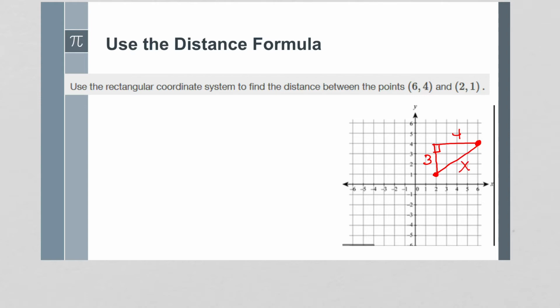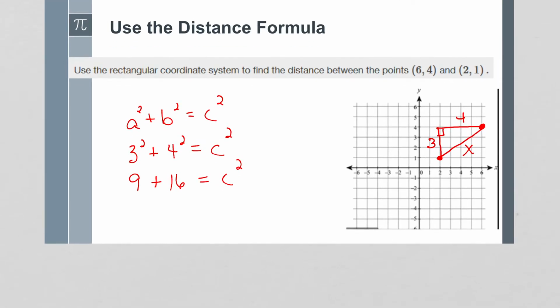We're going to use the Pythagorean theorem, which says that a squared plus b squared equals c squared, and a and b are the legs that make up the right angle, and c is your hypotenuse. So we want 3 squared plus 4 squared equals c squared. 3 squared is 9, 4 squared is 16, and we're still searching for c, not c squared.